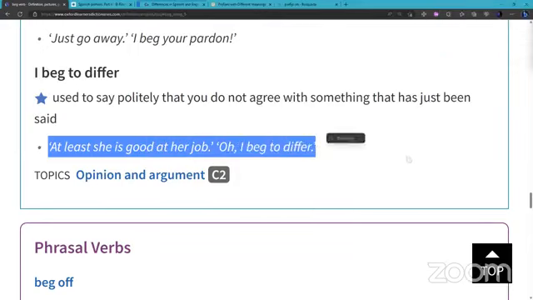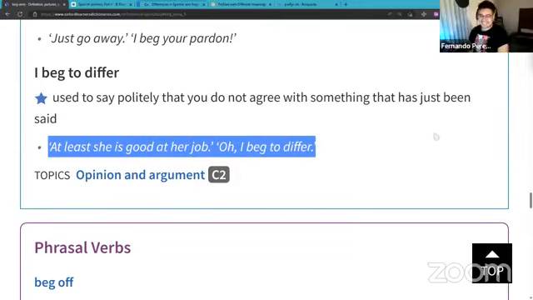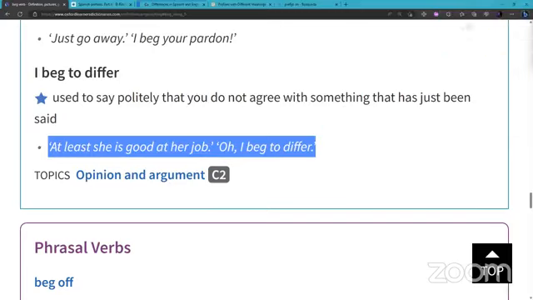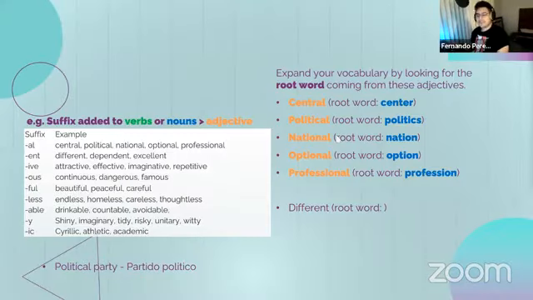I beg to differ, she's not good at her job. It's super polite to say, I disagree with you. I beg to differ, because I have a different opinion from you. So the word is the verb differ. This is a B2.